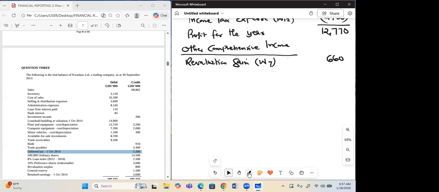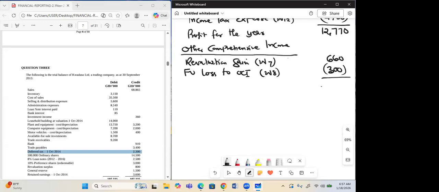Then you had a fair value loss to OCI of 300, which was working number 8. Aggregate this and then sum them. Total comprehensive income gives us what? 13,130.